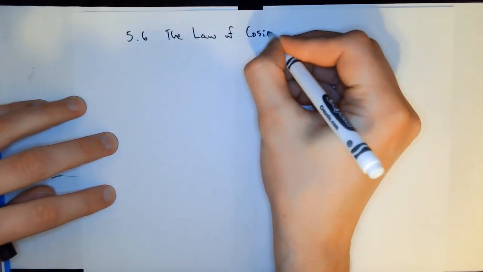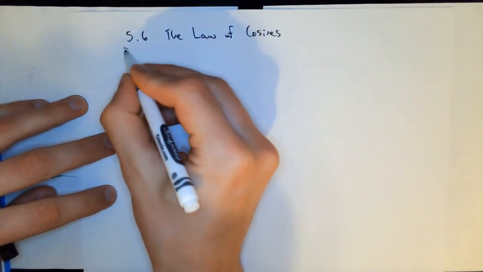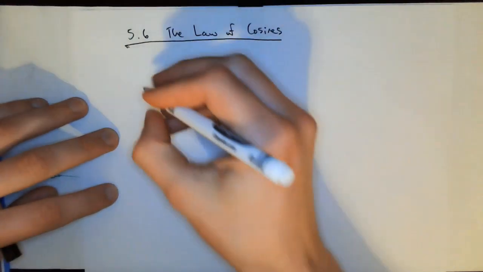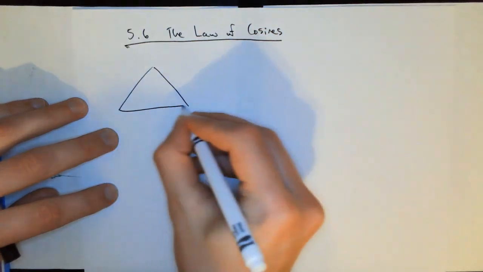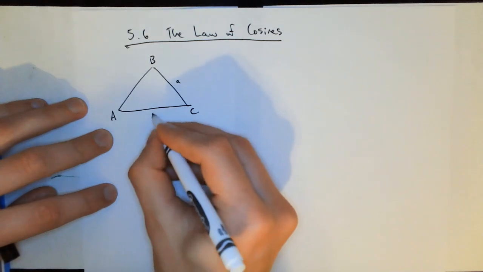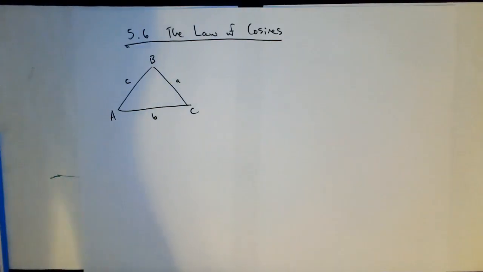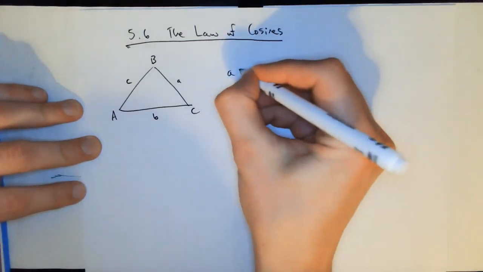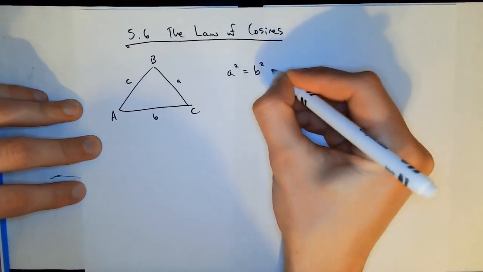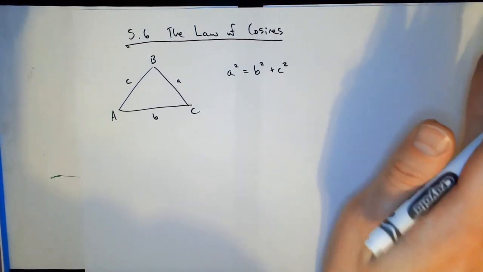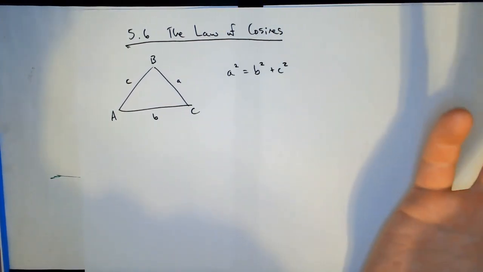Think of the law of cosines as the Pythagorean theorem, but for any triangle. It says this: if you've got a triangle with angles A, B, C, as we did before, let's name everything the same, we have this relationship. A squared is equal to B squared plus C squared, and you may say, wait, that's not right because this is not a right triangle necessarily, right?